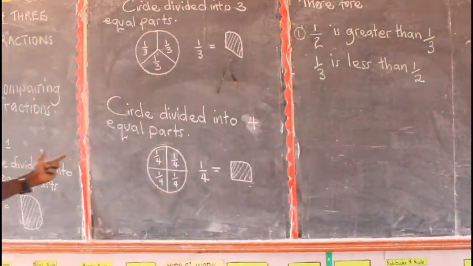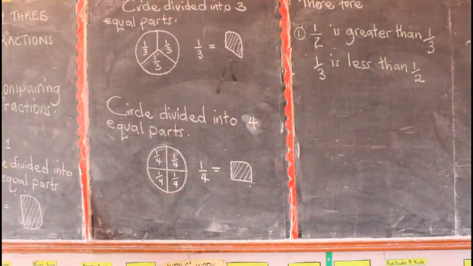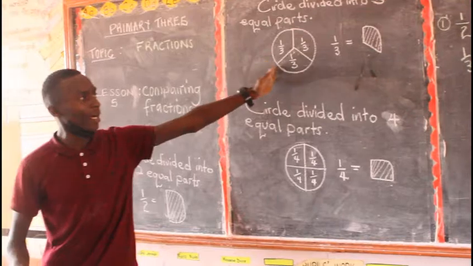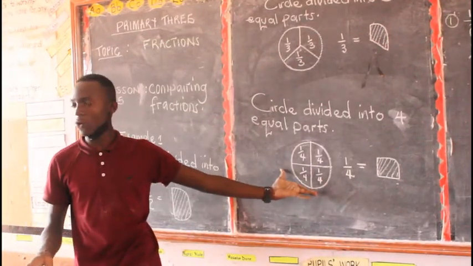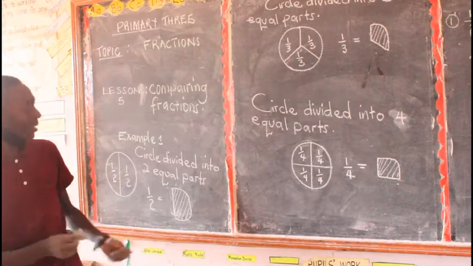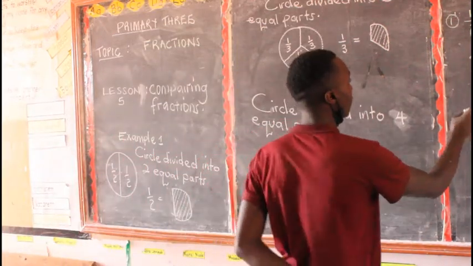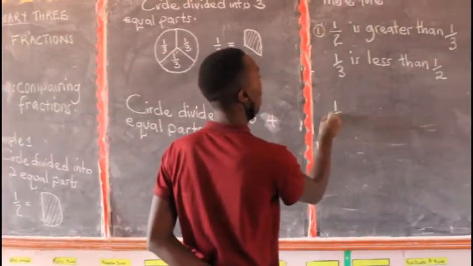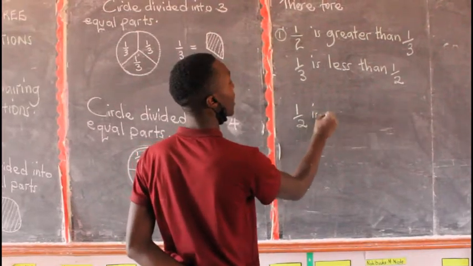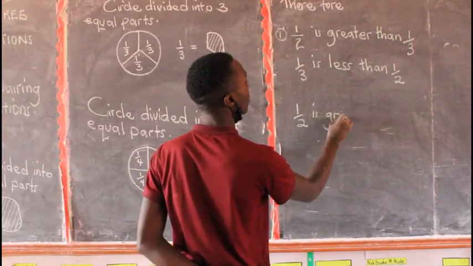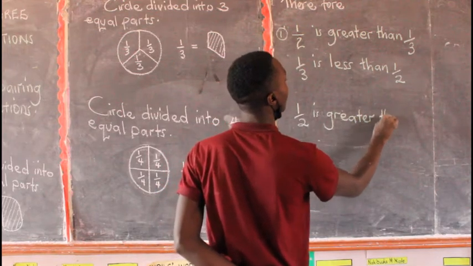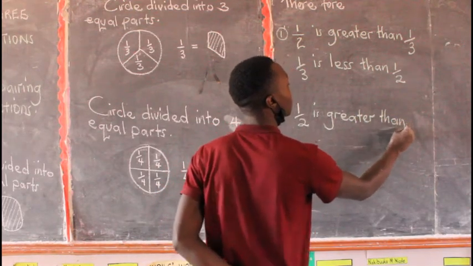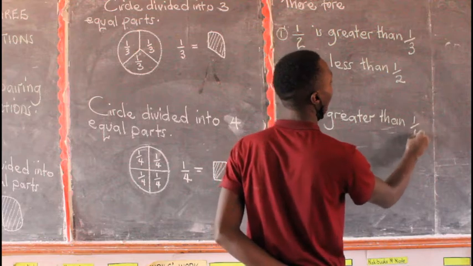We can go to part 2. What have you seen? I have seen that a half is greater than a third. How about you compare also this quarter? We can say that our half is greater than our quarter.